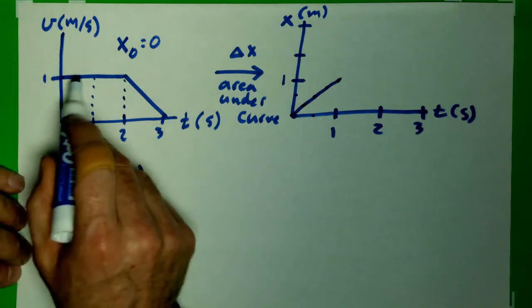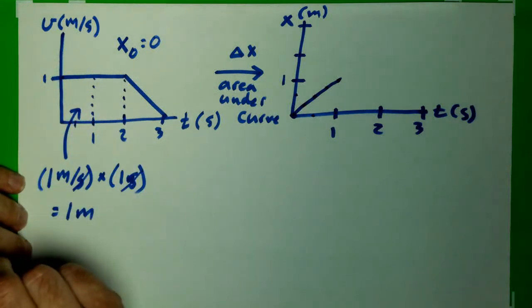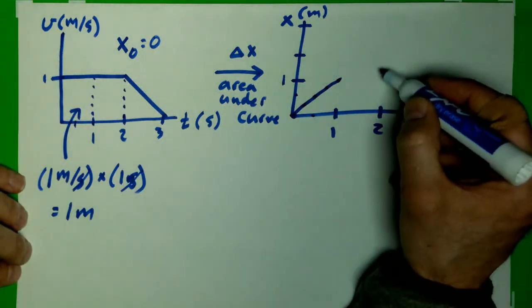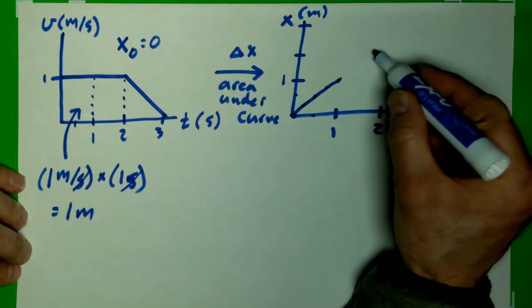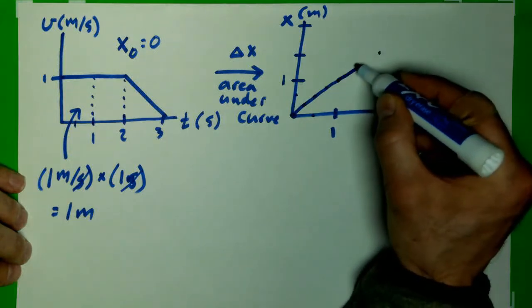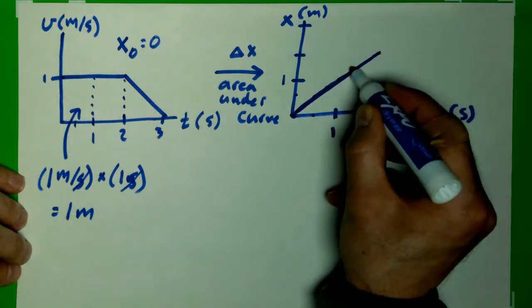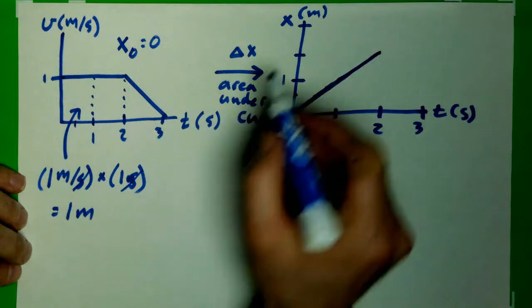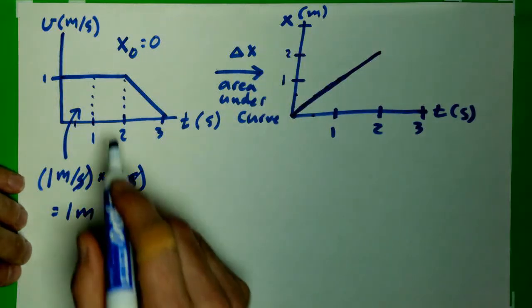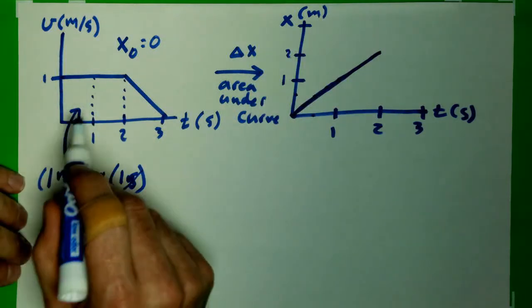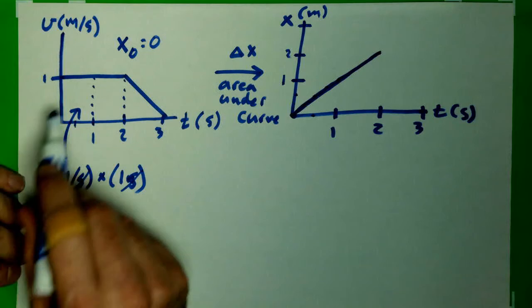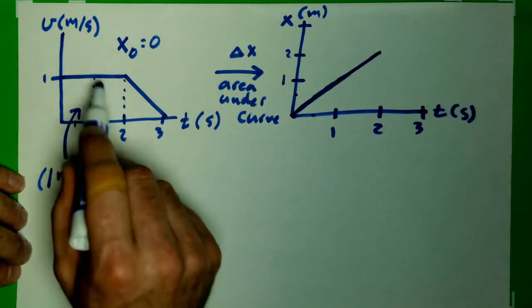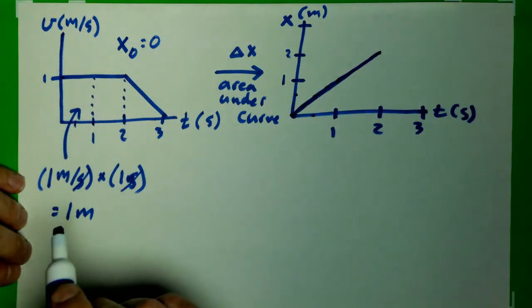We see that we continue for another second traveling at that speed, and so we can automatically say this slope is going to continue at a constant rate. So this is a constant slope all the way up to 2 seconds. That's equivalent to the addition of this area that's at a constant height as we tick along in time.